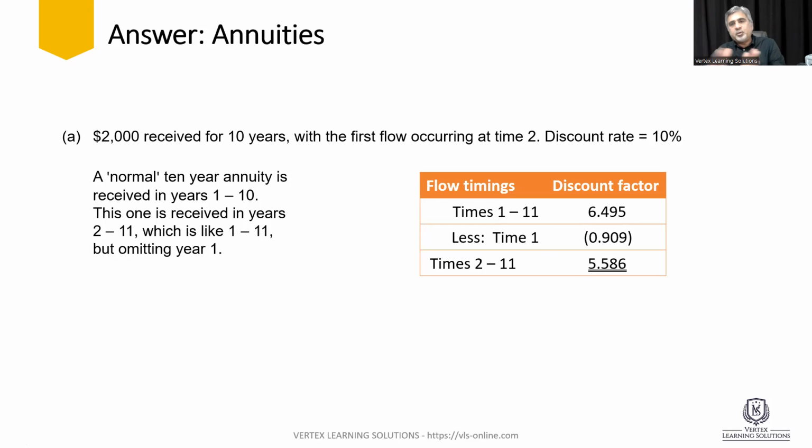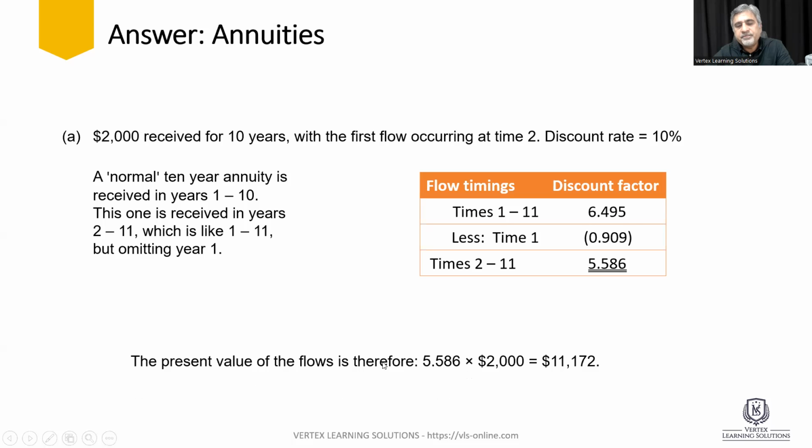So I take 1 to 11, and then I subtract year 1. So this is 5.586. Now this is the factor for year 2 to 11, 5.586. And then you simply multiply 2,000, the annuity amount, by 5.586, and the answer is 11,172. So this is just one simple trick: subtract the first year. So you get the value for year 2 to year 11, 5.586.